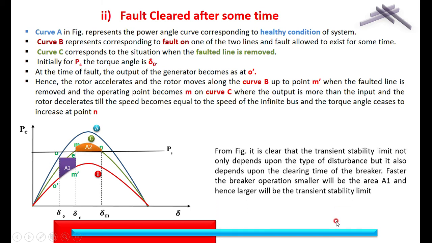Here you can see the system is now stable. There is one critical point, once again A1 is equal to A2, where the system is in the stable condition.